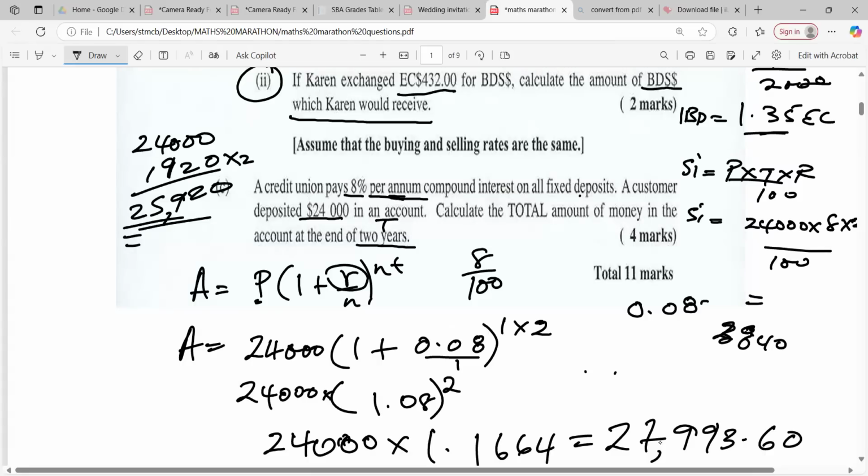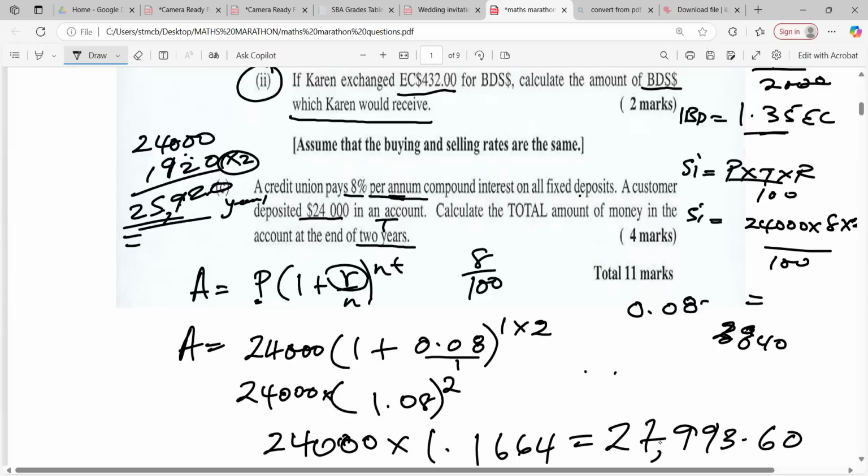Oh, because what happens if it's compounded annually, right? Whenever you get the first year, it's supposed to include that now. So when you add this, it'll give 25,920. No man, I'm just saying 2 years. So this is year 1.